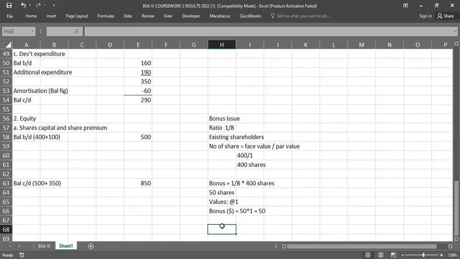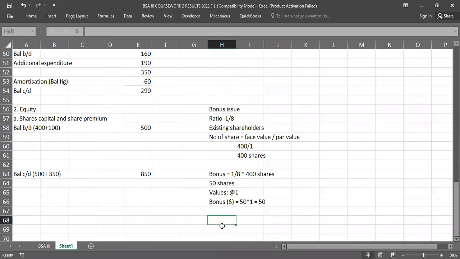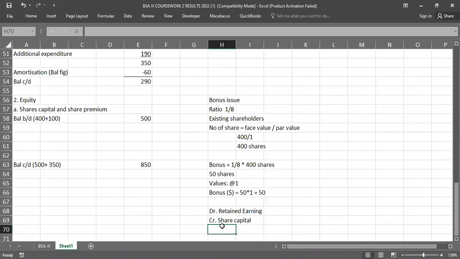For a bonus issue, as we already said, we debit retained earnings, not bank or cash, because you're not receiving any money from shareholders. What you're sure of is that the share capital will increase; that's the credit.